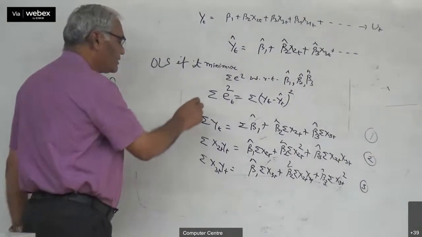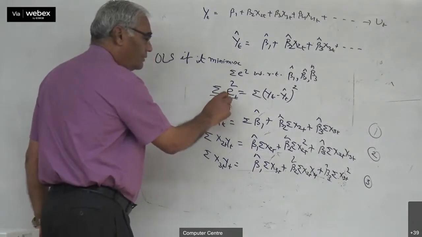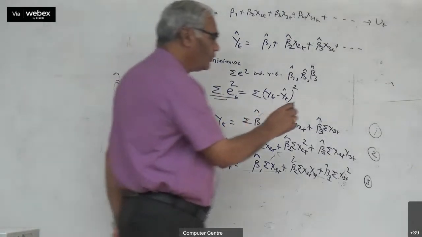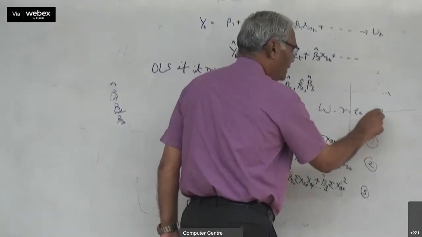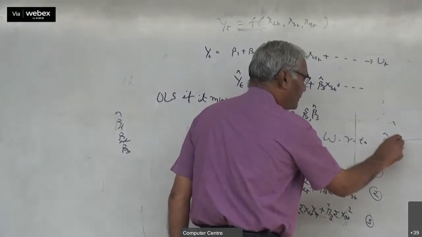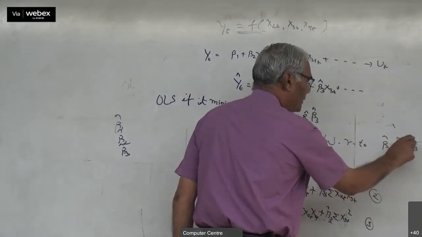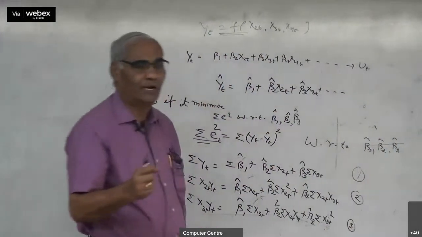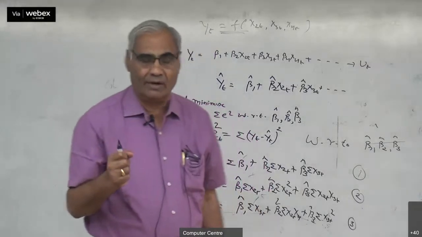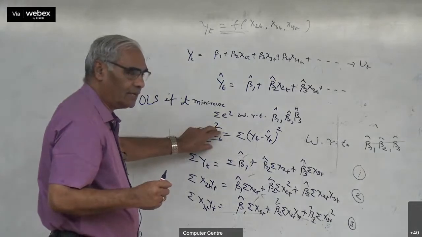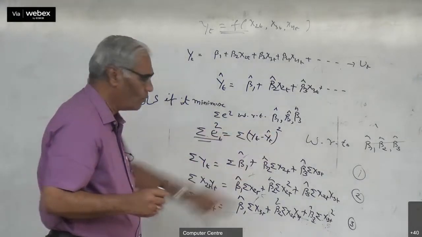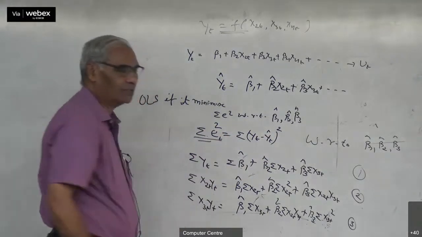And these equations are derived on the basis of minimization of E square with respect to beta 1 cap, beta 2 cap, beta 3 cap. Means we want such values of beta 1, beta 2, beta 3 which minimize the sum of squares, and if you differentiate this with respect to these three, you will get these three normal equations.